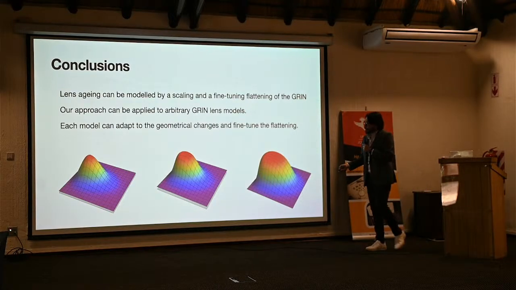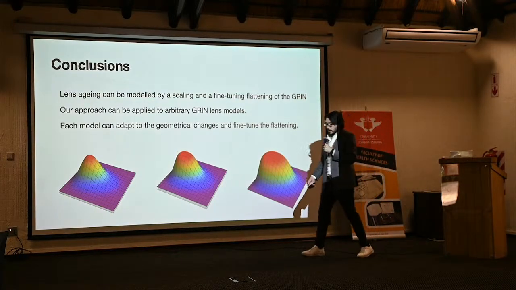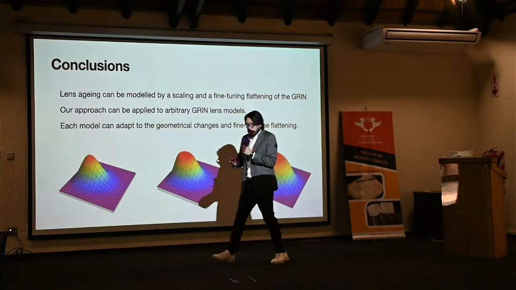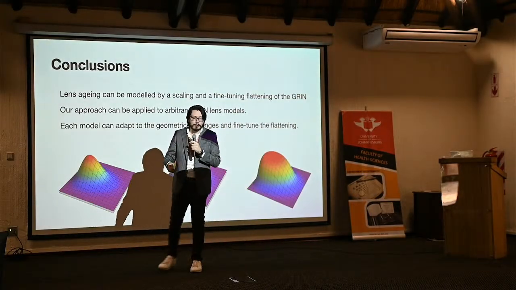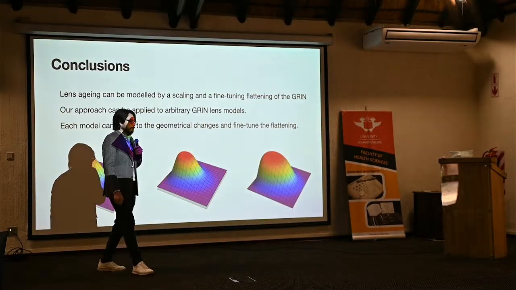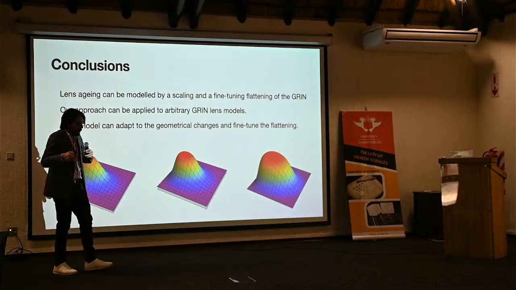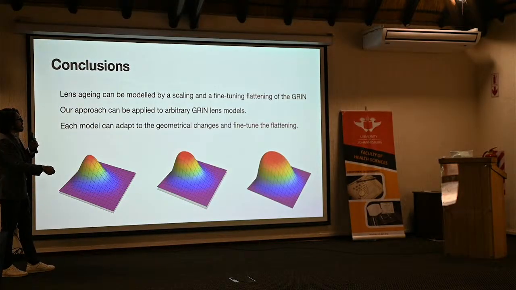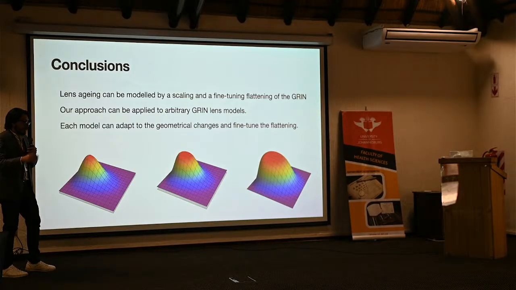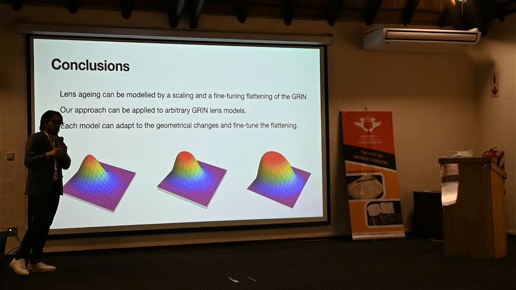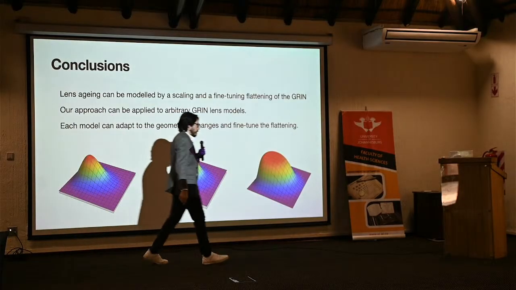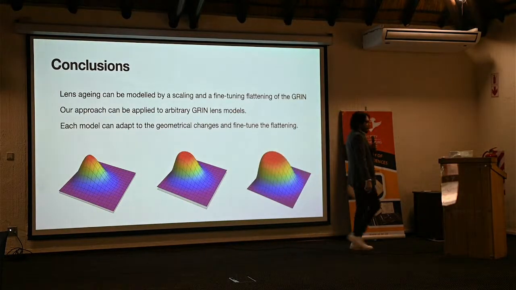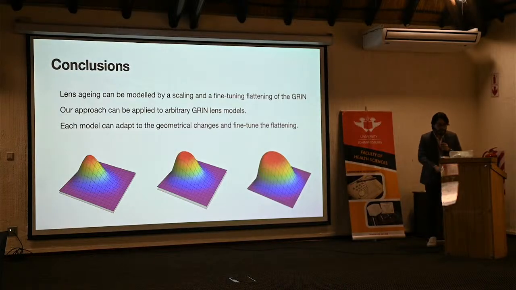So another model can change its radius of curvature or lens thickness, lens diameter. But in the end, we think that this transformation can make the fine-tuning necessary to match the behavior of the spherical aberrations.